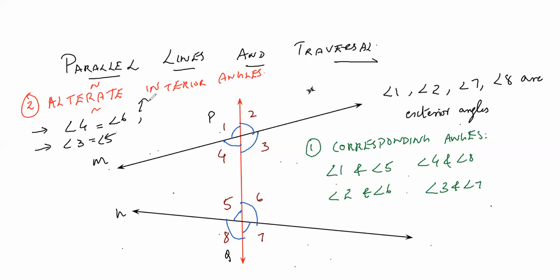Then there is something called these lines. Parallel lines mean these lines do not intersect each other. This is on the same side of transversal. So interior angles. The next one is very important. The third one, interior angles on the same side of transversal.